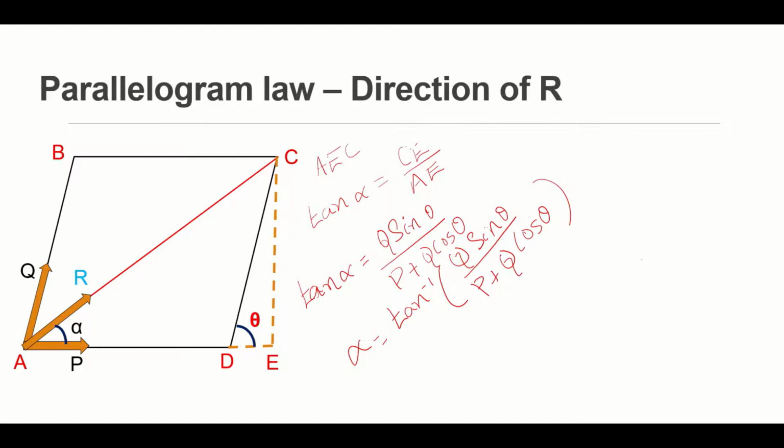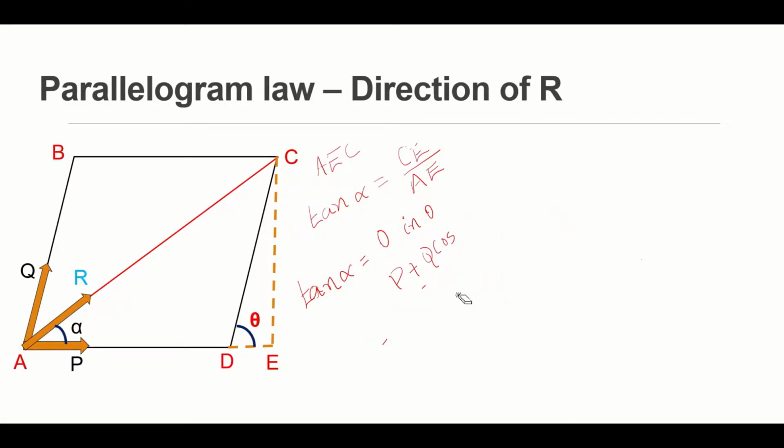So in the question, if it is asked like you need to find out the angle of the resultant, you can directly use this equation, provided you know the values of theta and Q and P. Okay, so this is about resultant.